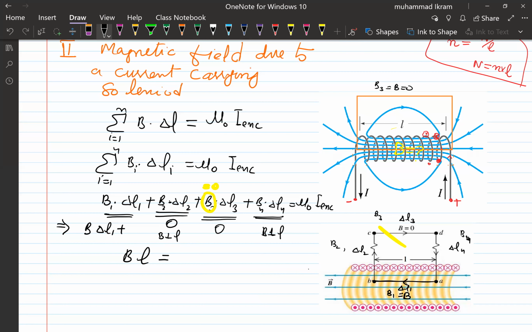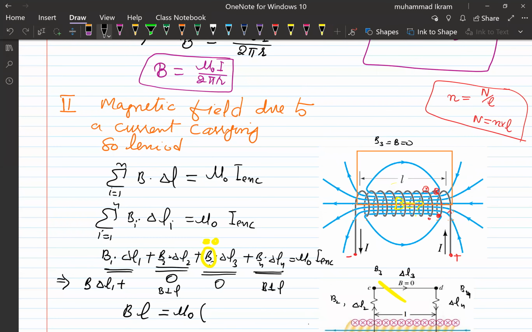It is equal to mu naught times the current enclosed by the circuit. Now, what is the current enclosed by the circuit? Let me do this for you. Look, this current enclosed, I enclosed. Now, how many turns do you have? That is the number of turns per unit length.